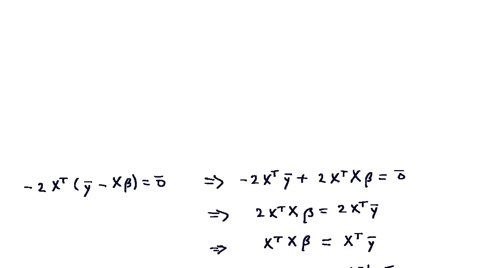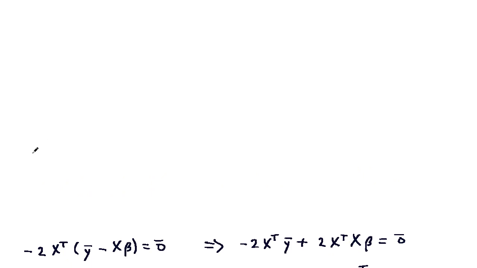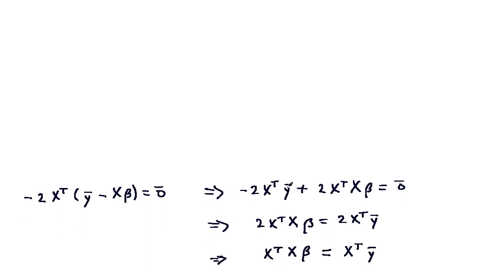Now, if we set our vector of derivatives to 0, we get negative 2 x transpose times y minus x beta equals 0. Multiplying this out, we get this. And so 2 x transpose x beta is equal to 2 x transpose y. Divide out the 2, and we get this. Here we're trying to isolate beta, so take the inverse of x transpose x.